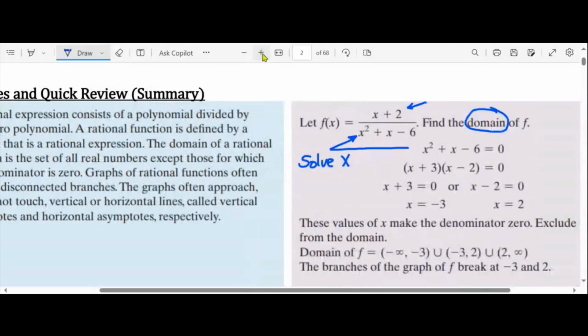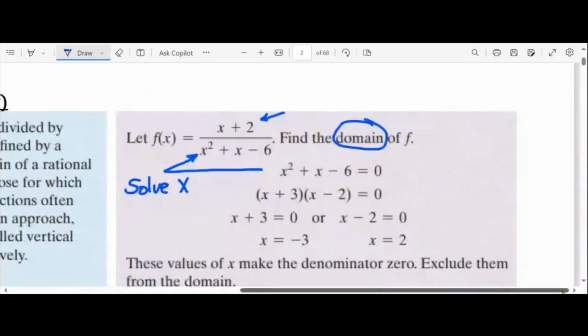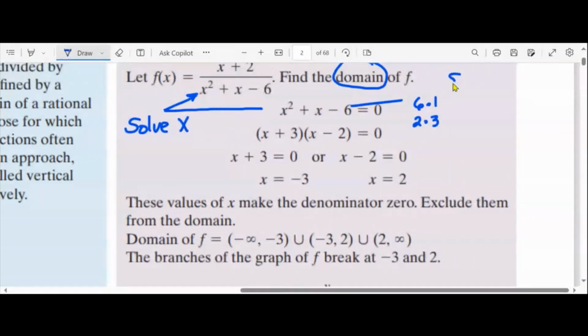Can I factor this? Yes, you can factor it. The two numbers with product 6 are either 6 times 1 or 2 times 3. I need the sum to be 1. Which one will give you 1?